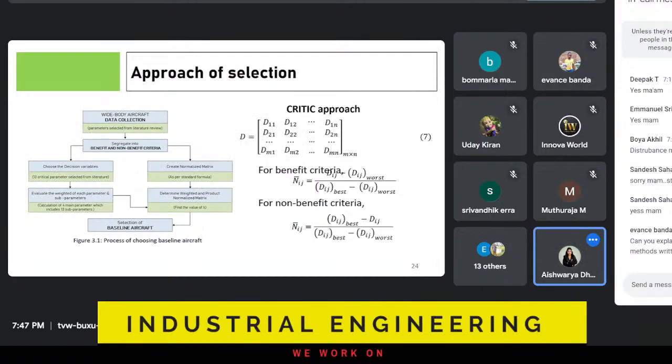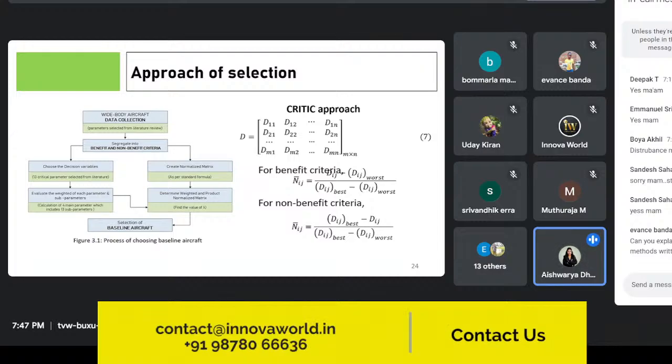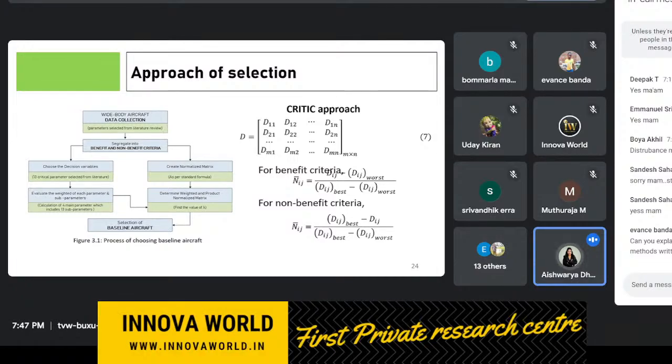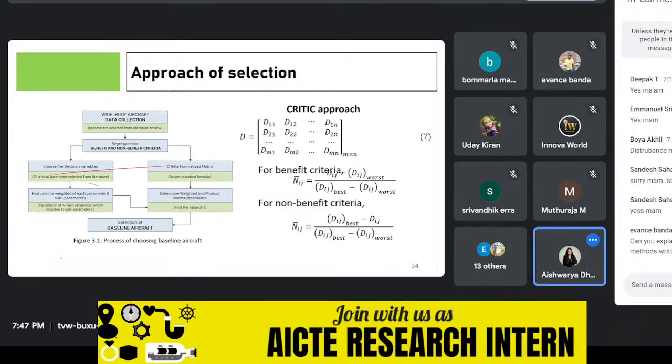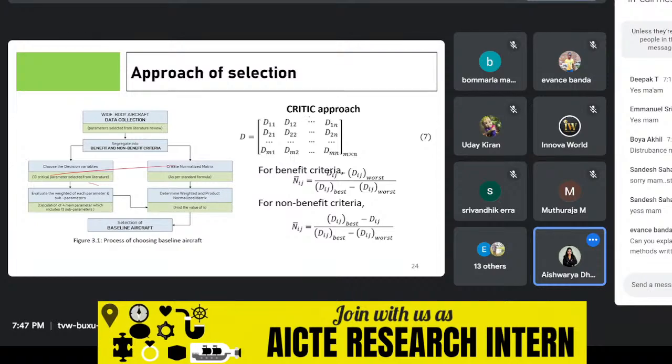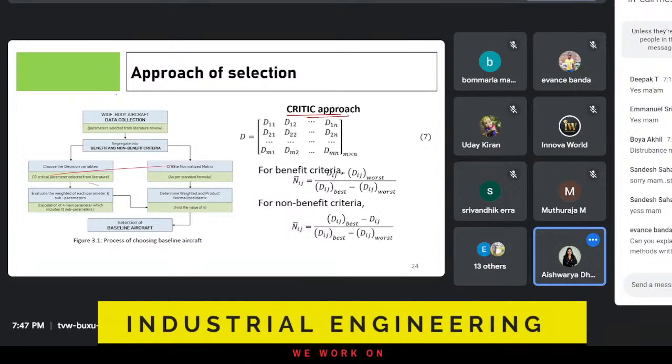Now suppose this is a hybrid method that I am going to show you here. It's an approach of selection using the CRITIC and WASPAS techniques.